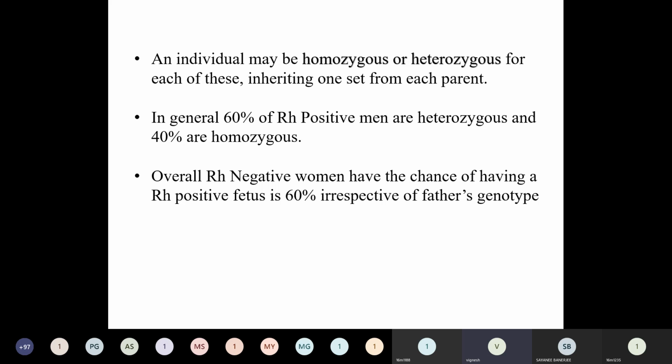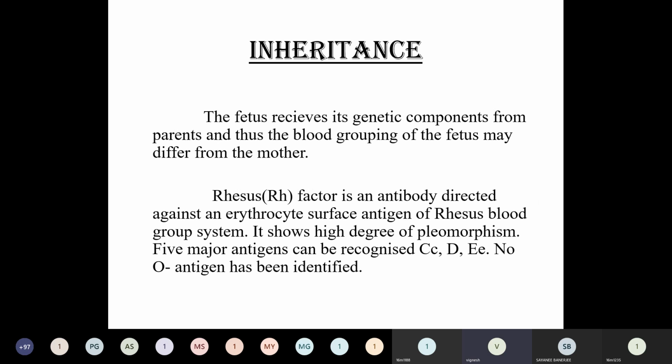I think it is very clear. 60% of them are heterozygous positive and 40% of the men are homozygous positive. So if the mother is RH negative, the chances of having an RH positive fetus is 60%, irrespective of whether the father is homo or heterozygous. So how does this inheritance come?